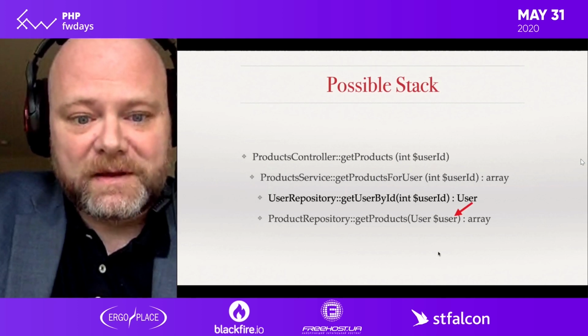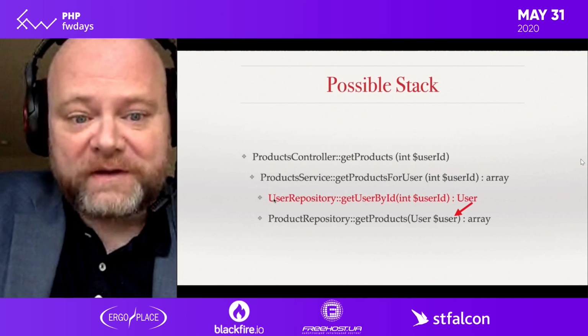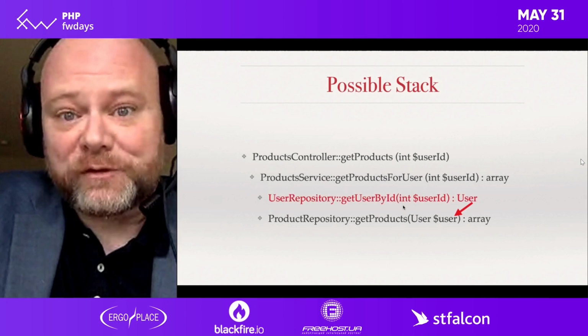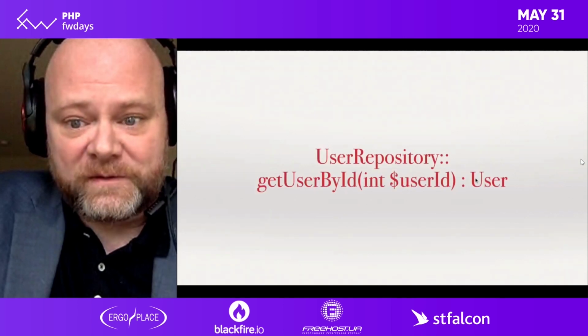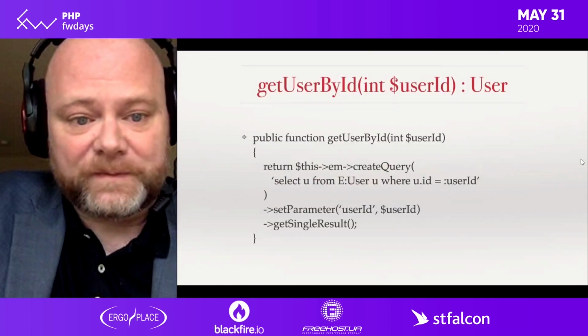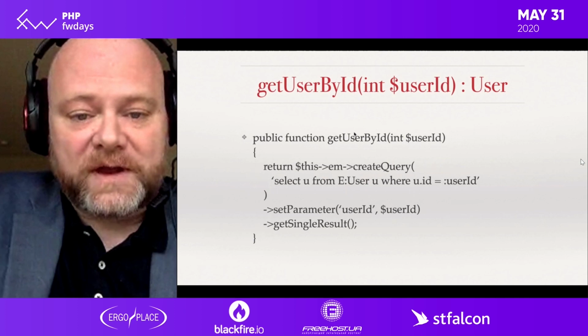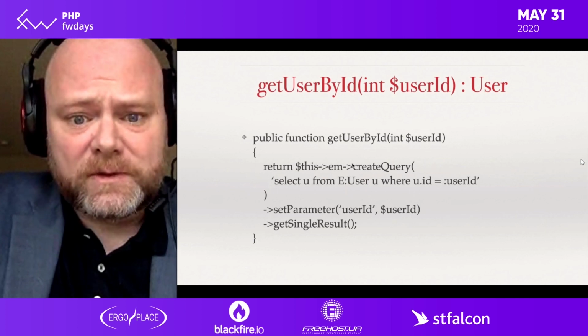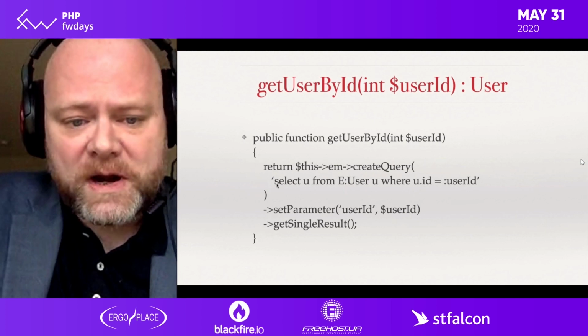All right. So what we want to look at right here, we're going to explore what happens in get user by ID. Okay, so here you go, get user by ID, which would return a user. So here's a possible method for get user by ID. This uses the Doctrine ORM using the Doctrine Query Language.